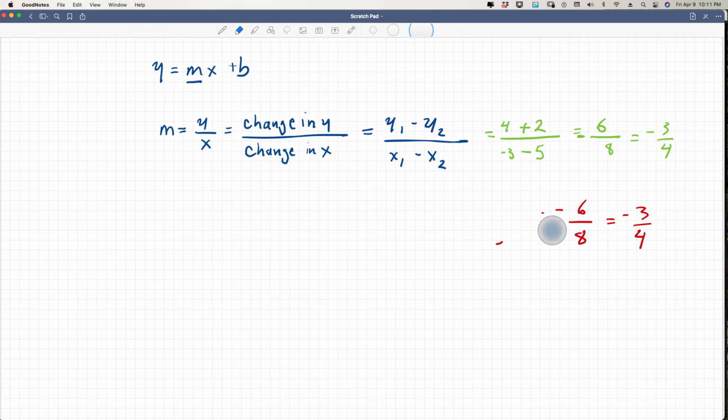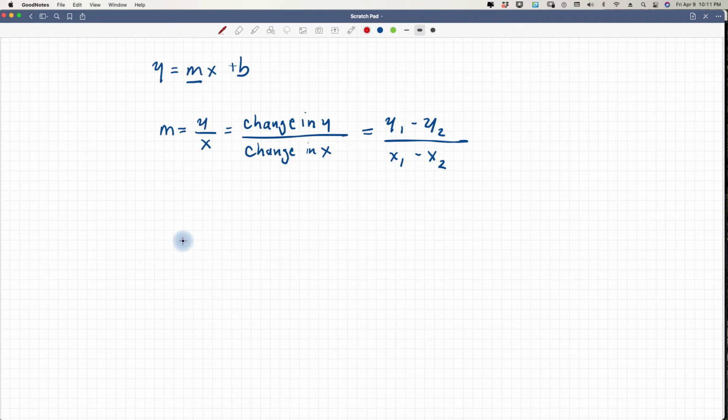All right, here are 2 points we are given: negative 5 and 2, and 1 and negative 3. And then we'll graph it after we're done and see if we're correct.